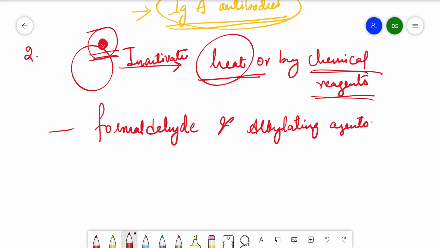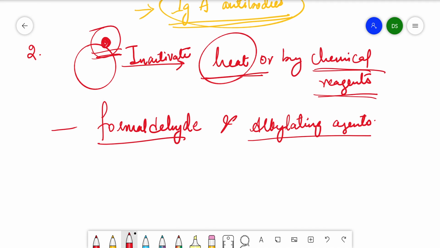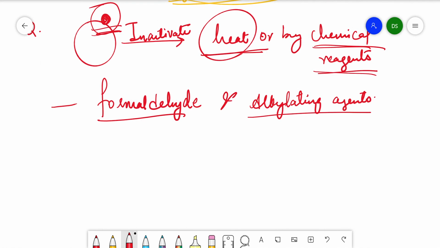These reagents inactivate the pathogen totally, and now this inactivated pathogen is unable to multiply in the host, but it is able to produce memory cells within our body. Because they are unable to multiply, there is always a need to provide a booster.